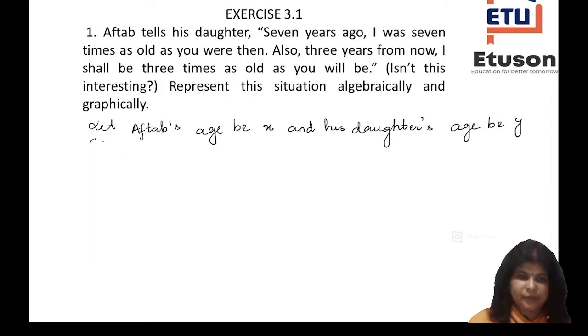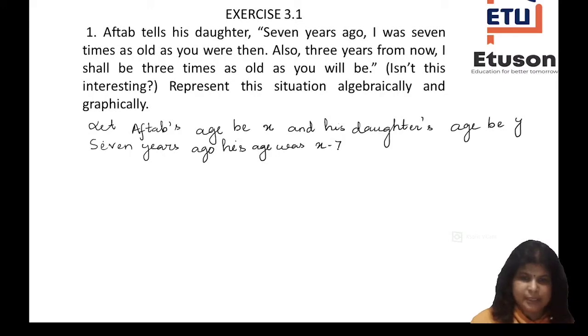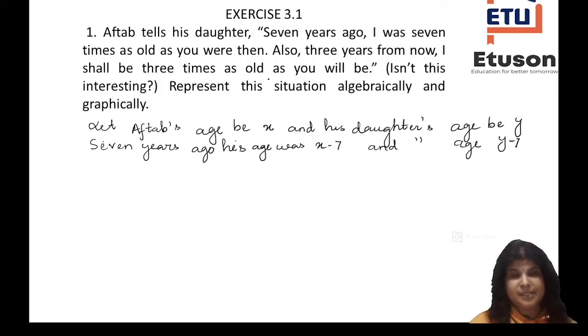Now, 7 years ago, his age was x minus 7 and daughter's age would have been y minus 7. Okay, but what is the relationship? 7 years ago, I was 7 times as old as you were then.